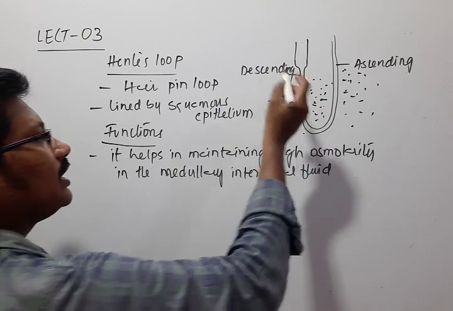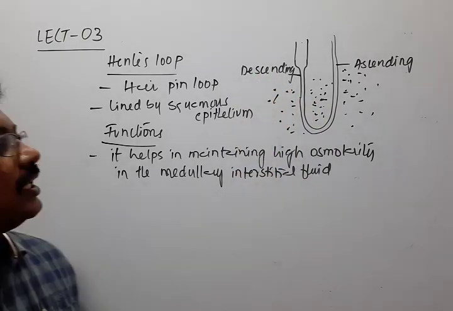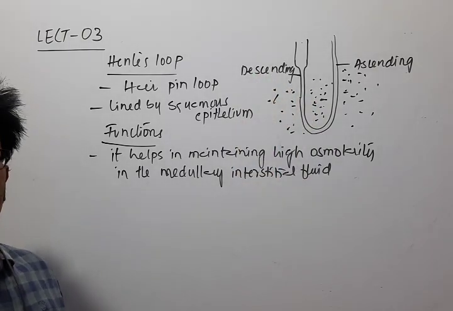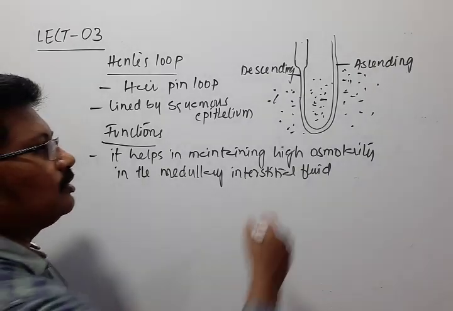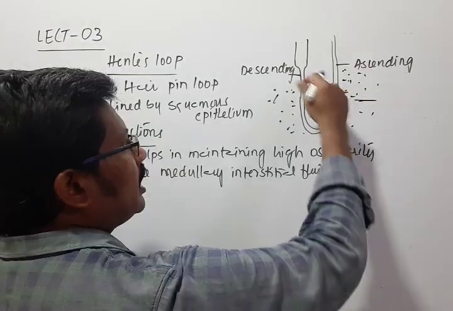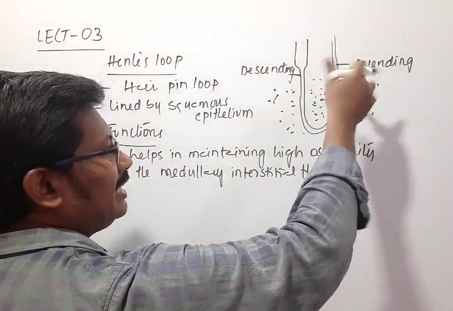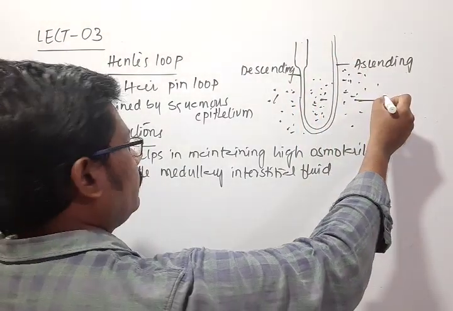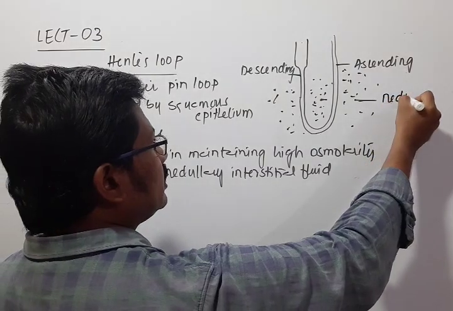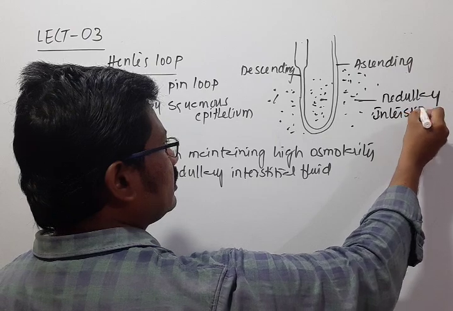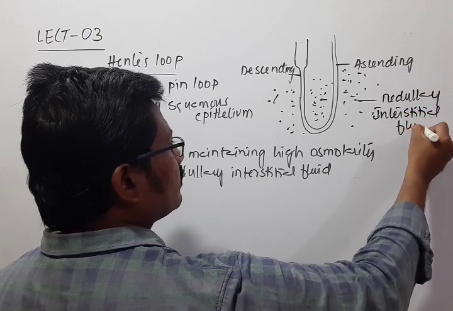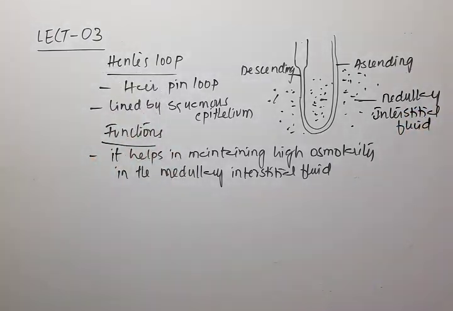And we know that the Henle's loop is present in the medullary region. So all this which surrounds the ascending and descending limb of loop of Henle, we call it the medullary interstitial fluid. It's called medullary interstitial fluid, right?